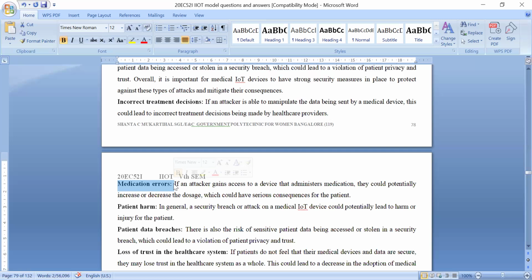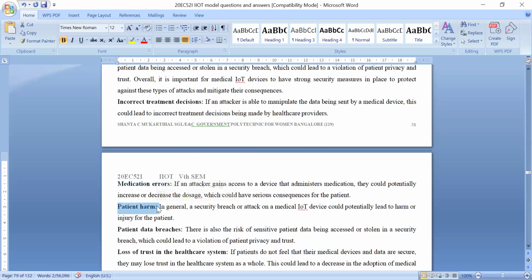If they tamper that device, they can increase the dosage or decrease the dosage, which will lead to overdose or underdose of the patient, and which will cause serious side effects and even death also. So this is the second consequence, medical errors.